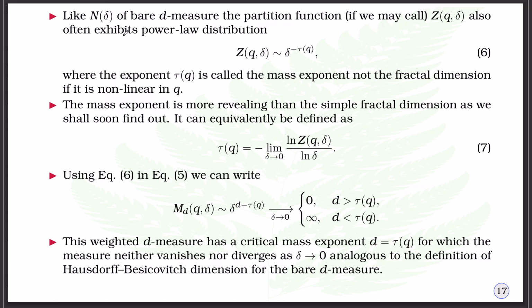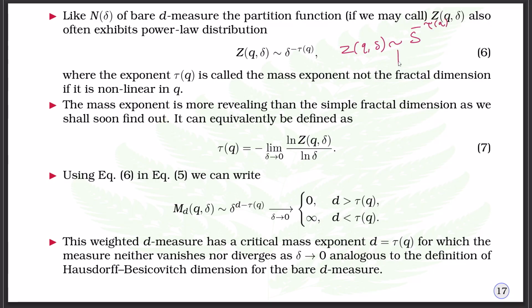Like N(δ) of the d measure, the partition function Z(q, δ) often exhibits a power law distribution. Z(q, δ) is directly proportional to δ^(-τ(q)).